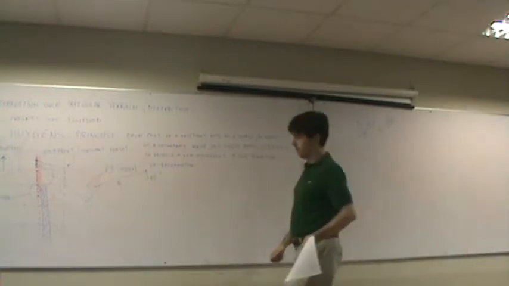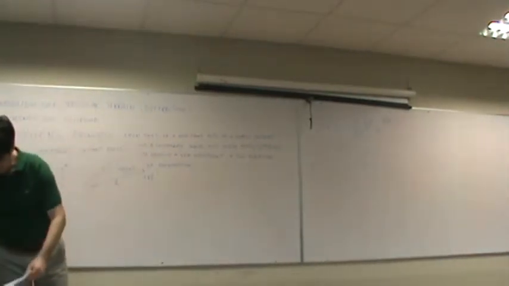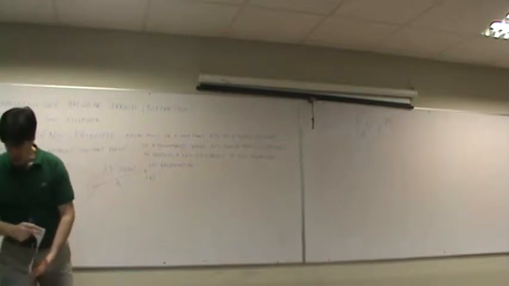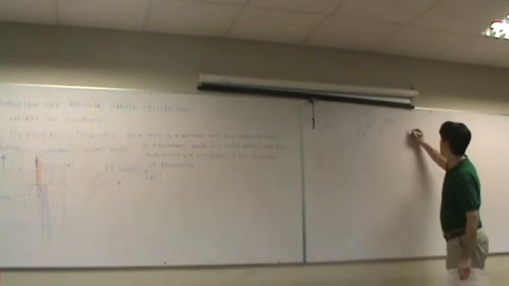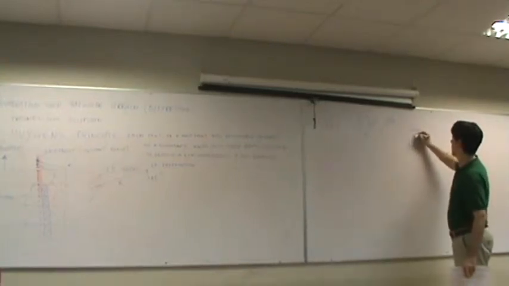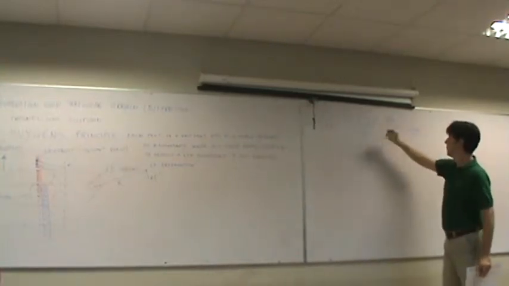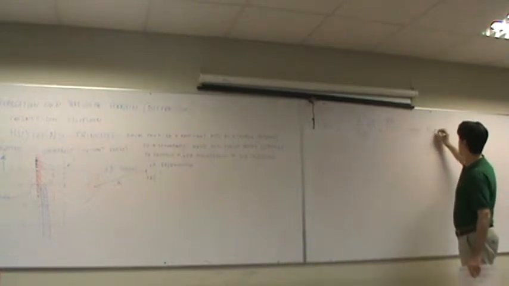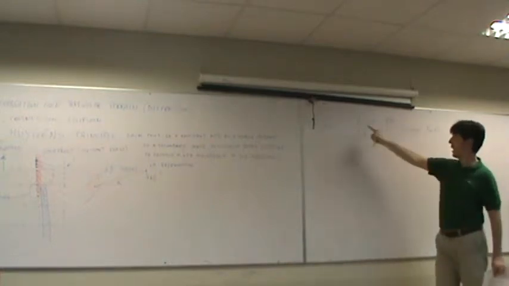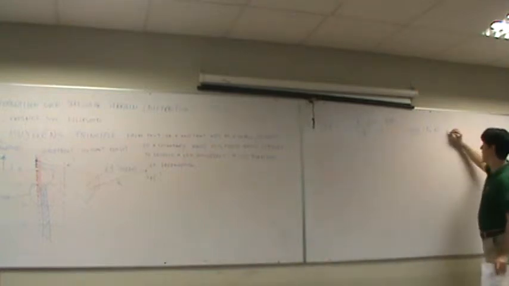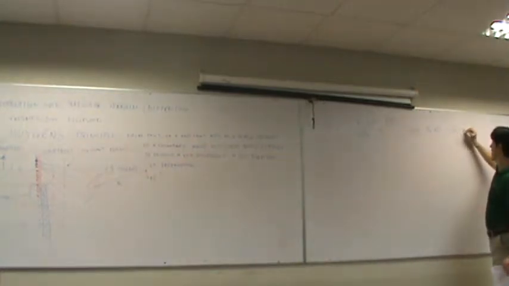And I want to comment on this equation. E0 times Vs is the intensity of the source, of the Huygens source.